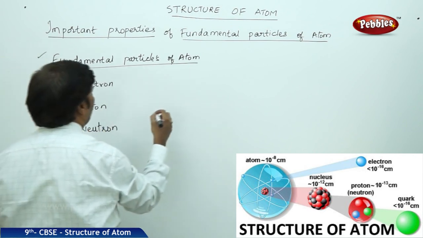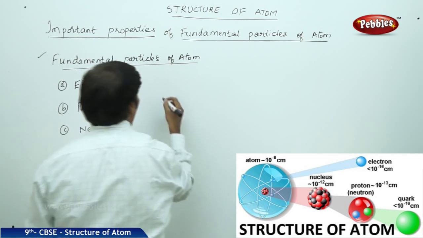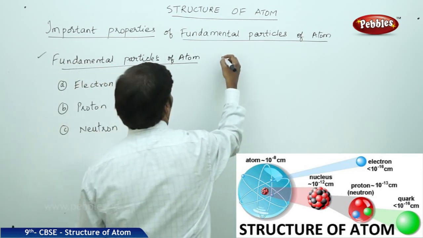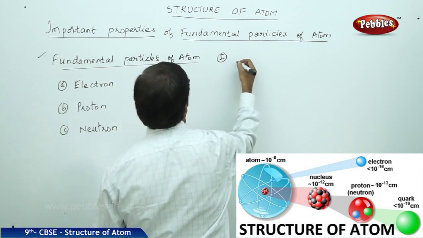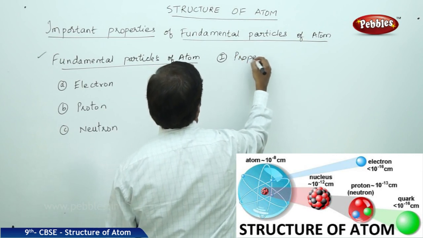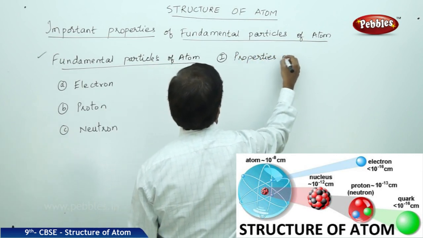First of all, let me take the first case, that is A, properties of electron.